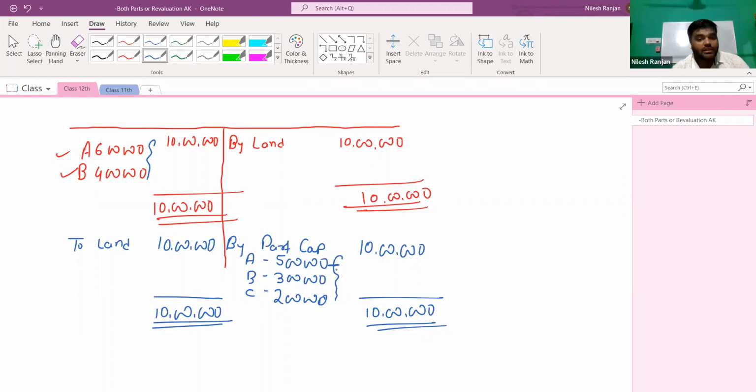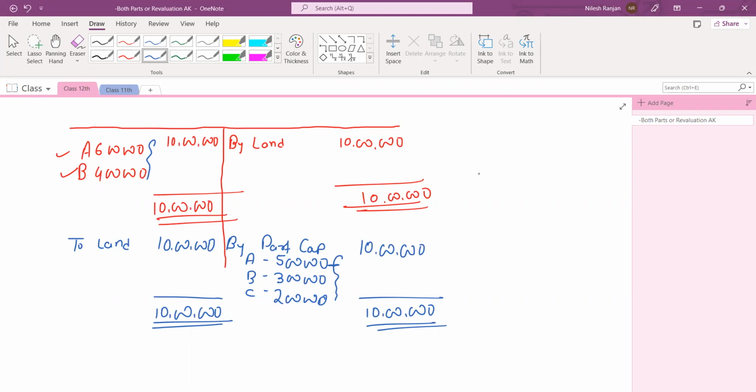And how is it a loss? Because C is not getting any profit in the first part, but C is getting a loss of 2 lakh in the second part. C is not getting profit and is only getting a loss of 2 lakh.